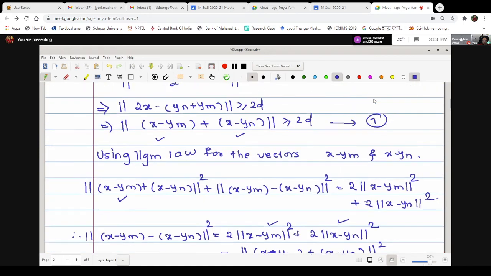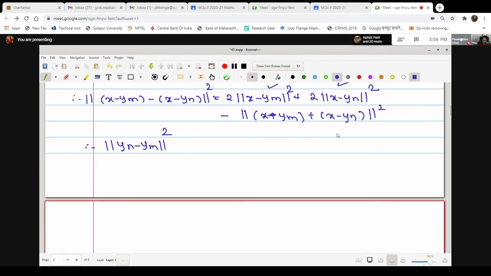Let us just look at equation number 1. Equation number 1 is the norm of x minus ym plus x minus yn greater than or equal to 2d. Here is the same quantity with a negative sign, and whenever we have a negative symbol, the inequality reverses. Therefore, this greater than or equal becomes less than or equal. The first two terms we write as they are.